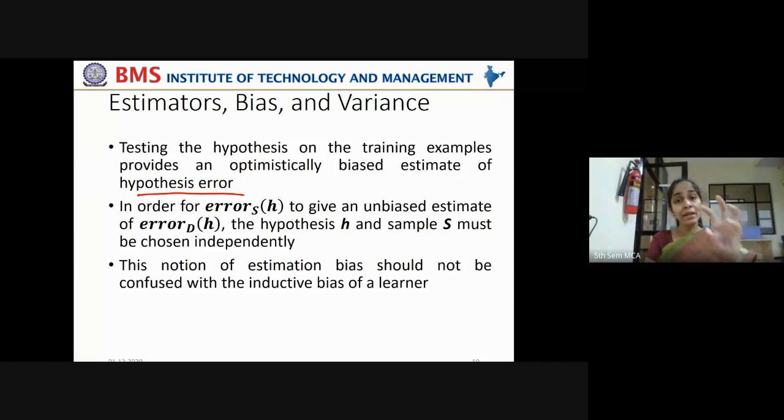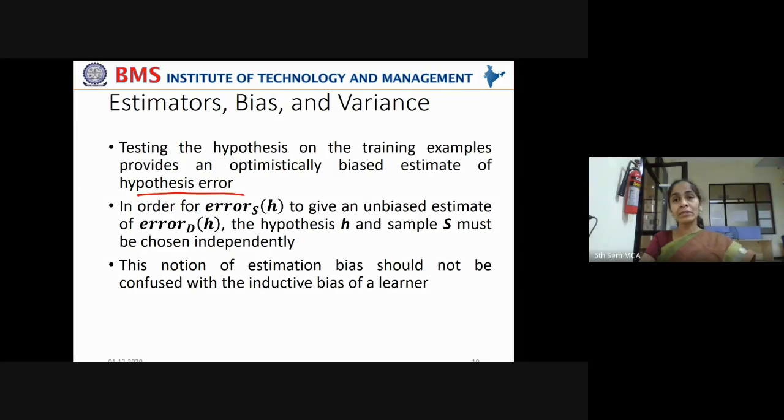It will provide a very good, attractive estimate of the hypothesis error. It will give 95%, 99% accuracy also, because training examples are all seen by, and known to, the machine learning model.